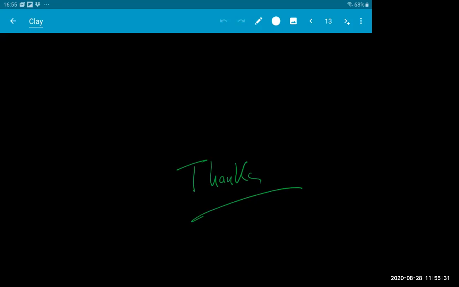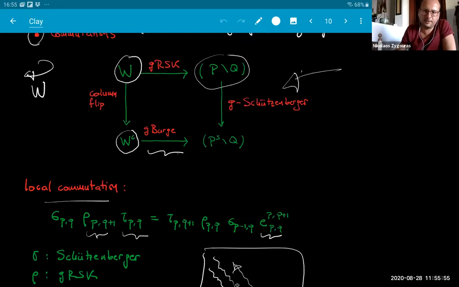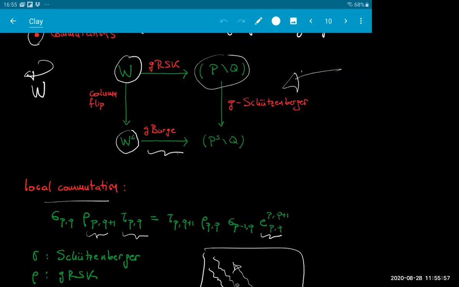I have a question. It was shown, an identity, a relation between the insertion and the Schutzenberger involution. I don't understand if you had explained. Yes, exactly. This is a local commutation. It holds at the level of the geometric lifting of this operation.